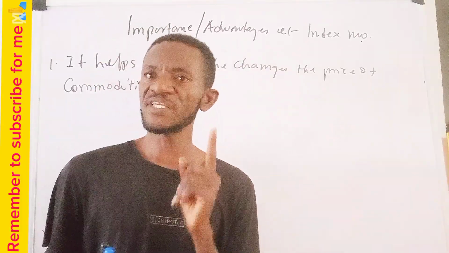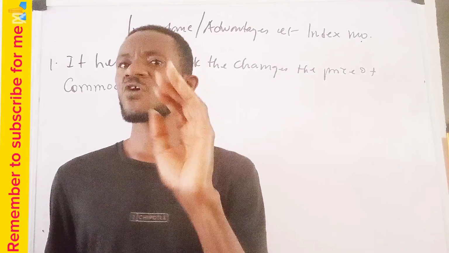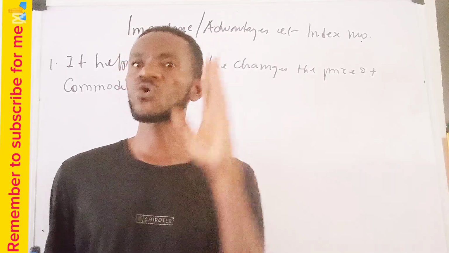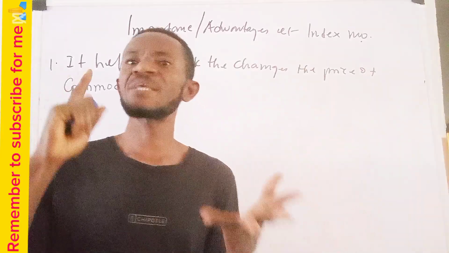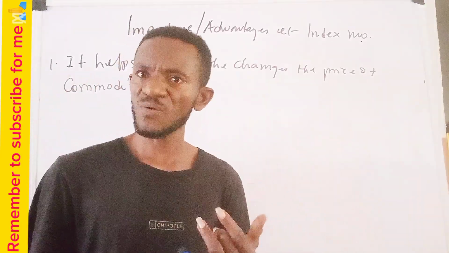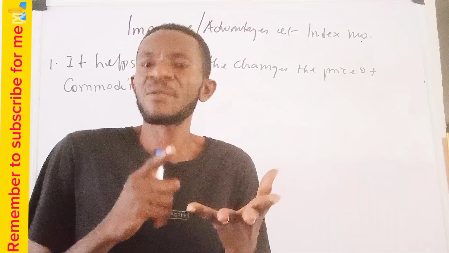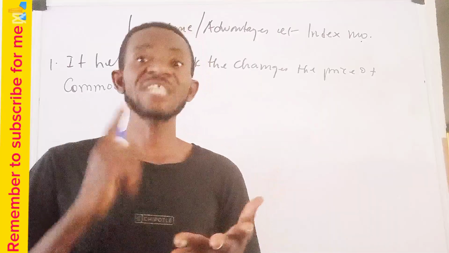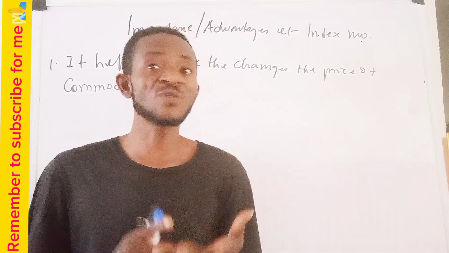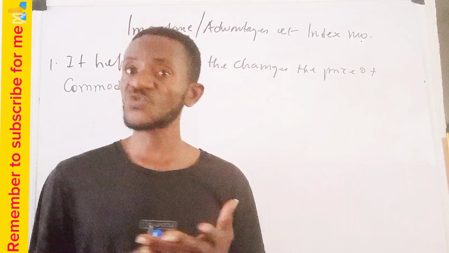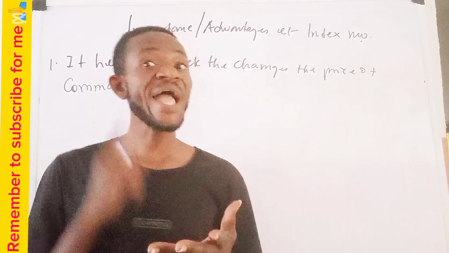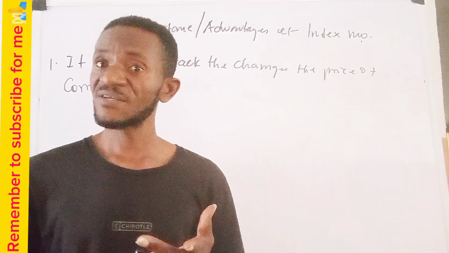Another thing we need to know is this: the moment the price of commodities in a society goes up, it affects everything. It affects the purchasing power of people. Because it has affected the purchasing power of people, these people will raise agitation to the government of the country, and the government will intervene by adjusting their wages.